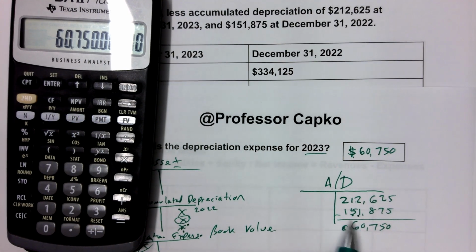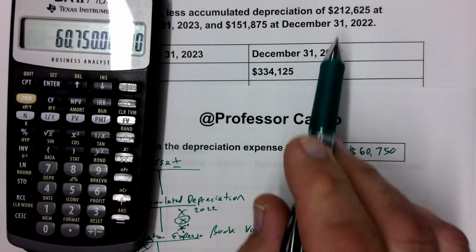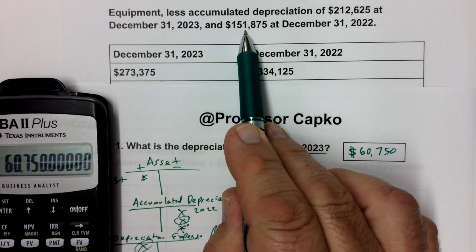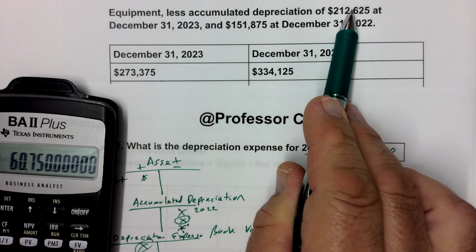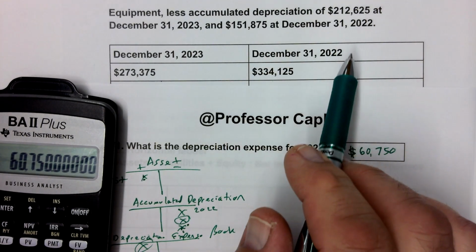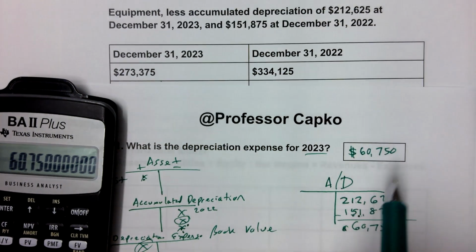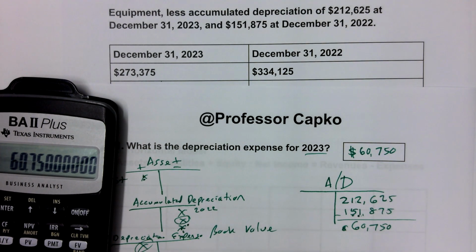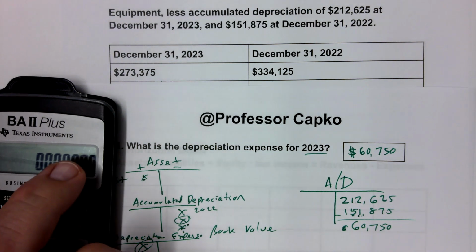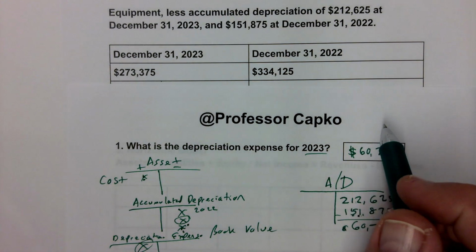And that is just for that year, because it changed from this to this, and we were told that here. We don't know if it's going to be the same every year. If it's straight line method, this will be the same every year. If it's something like double declining balance, something along those lines, that is going to change.